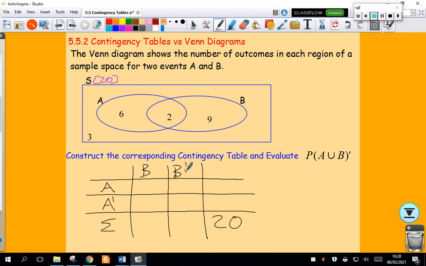The first two things I'm going to jump on: there's the intersection, it's in A and in B, there's 2 things in there. And then I'm taking this thing out here. It's outside A and outside B, that's 3.